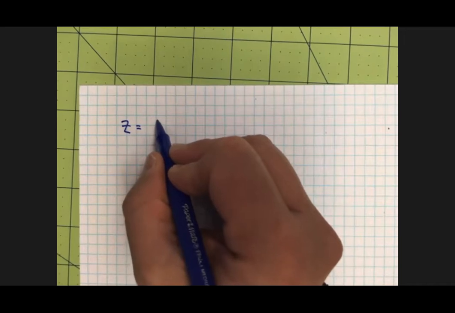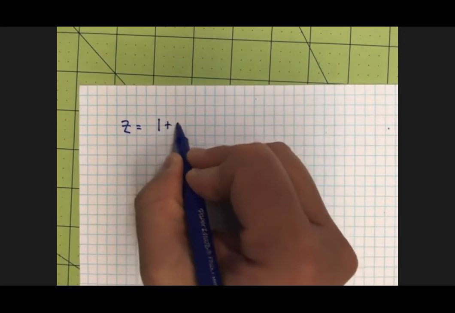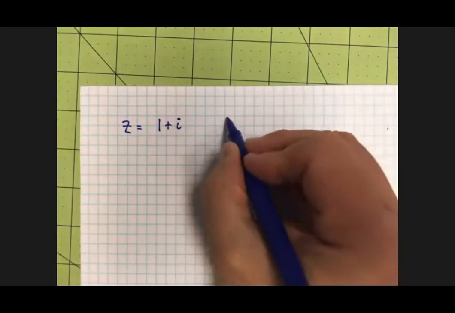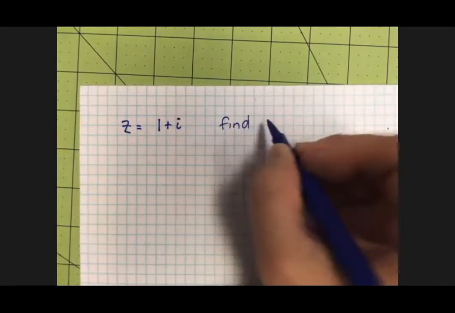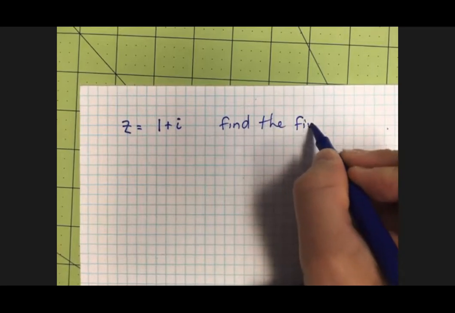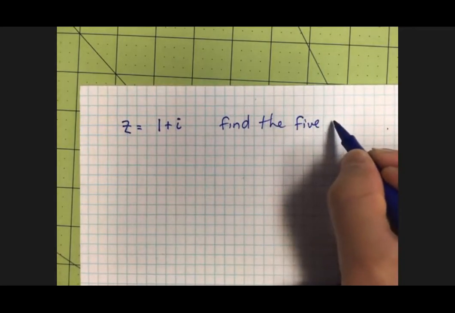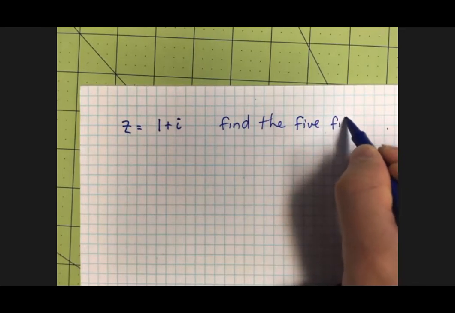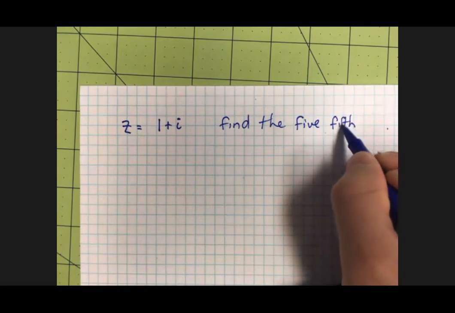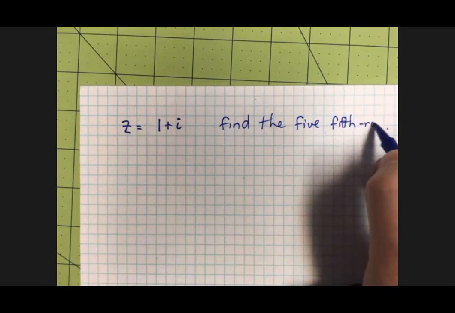Let's pick a very mellow number like 1 plus i. And I want you to find the five fifth roots of this number.